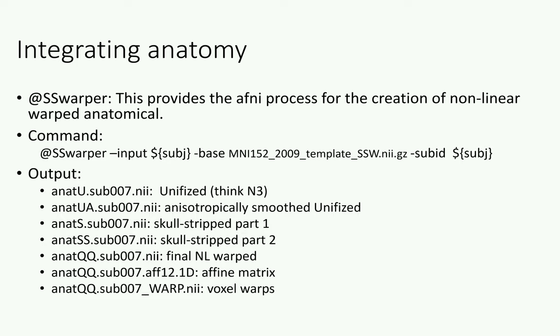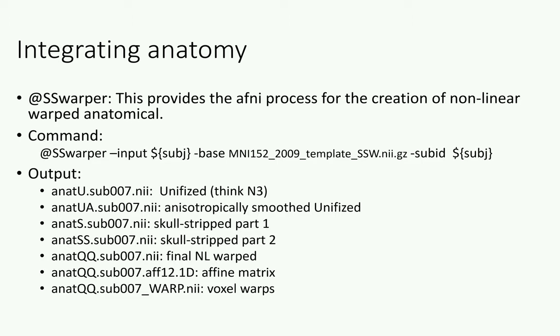So moving our anatomical to MNI space can be done through @SSwarper. The SSwarper will do a nonlinear transformation, and you'll remember back when Kristen talked about different kinds of warping, FSL and through AFNI, of things that you want to do to your anatomical.